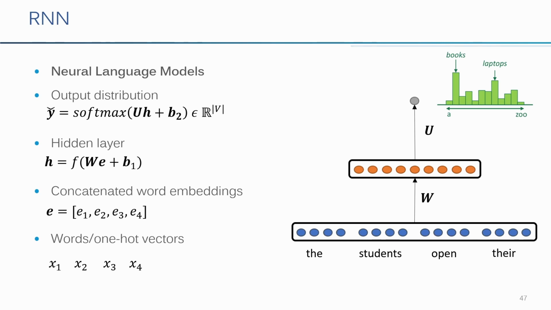Hopefully, if we have enough data, we'll see that words that make sense should have the higher probability. Of course, this also depends on the data that you're training on and so on.